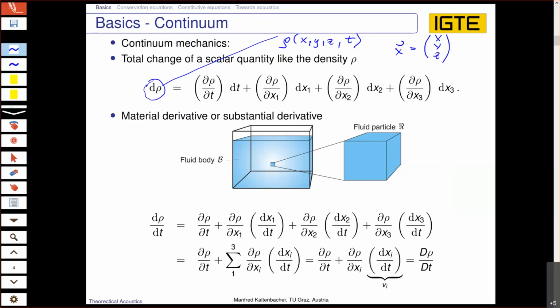Now the density is a function, as we can see here, of the space coordinates and time, which means when you look for the total change, it's the change with respect to time, dt, total change of time, plus the change, which is here again a partial derivative. So very important, this symbol ∂ always means the partial derivative.